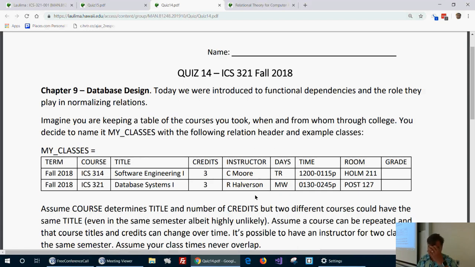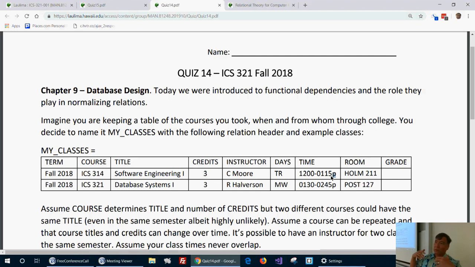So you can imagine having a table that looks like this, and we'll call it My Classes. We're going to keep track of the term, and there might be 8 or 10 terms that you are at UH, and there are these courses, and these courses have titles and a number of credits, and each course that you took had an instructor, and it was on particular days and times.